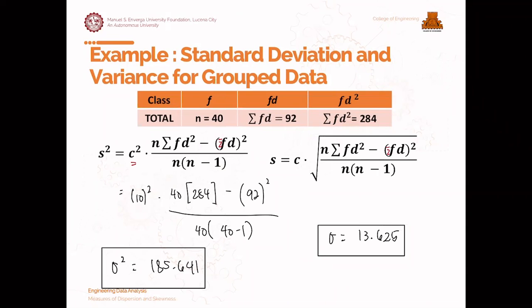So if you multiplied the wrong number or substituted the wrong value for each variable, then definitely your answer would be wrong. But with respect to the selection of which formula to use for variance and standard deviation, there is no problem whatever you use. Okay?